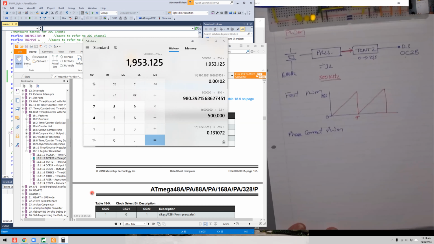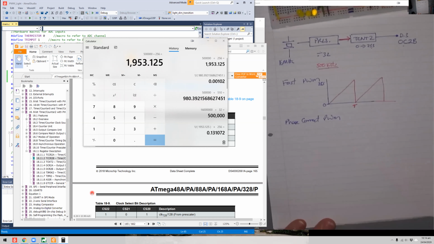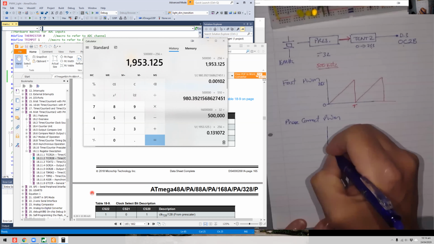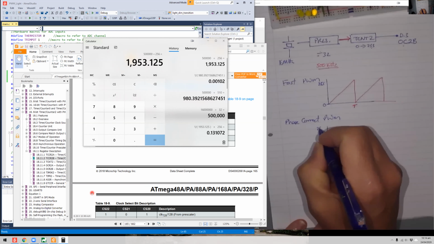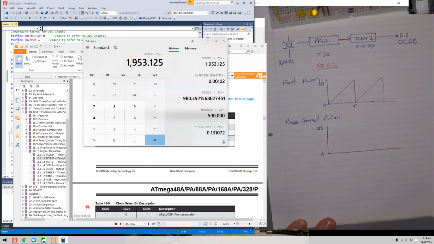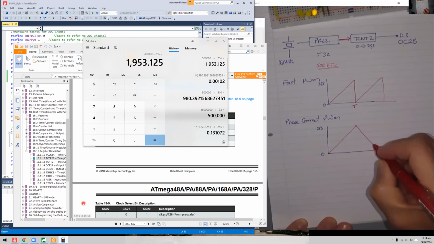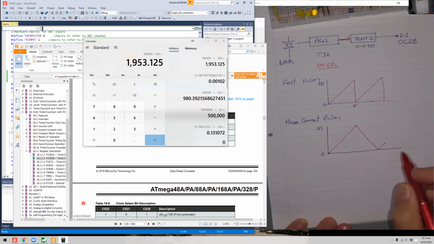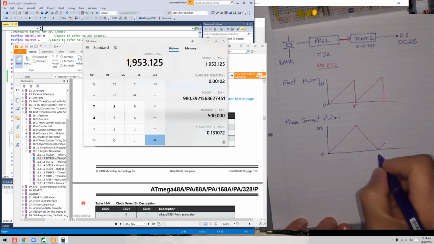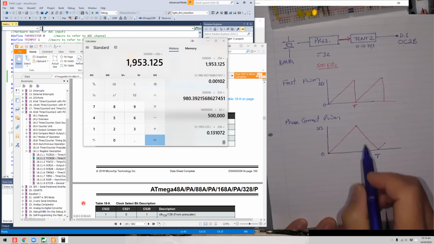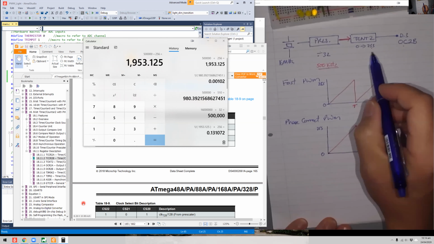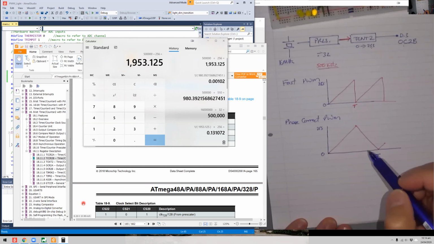Now, the other mode is called the phase correct PWM. Again, the counter goes from 0 to 255, and then it counts back down to 0 again, and then it counts back up. So the time period of this signal is considerably different, because they're both being fed with 500 kilohertz.